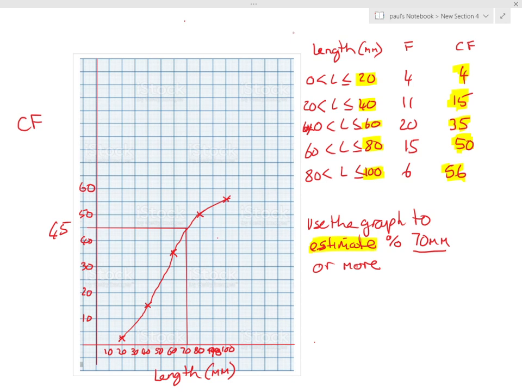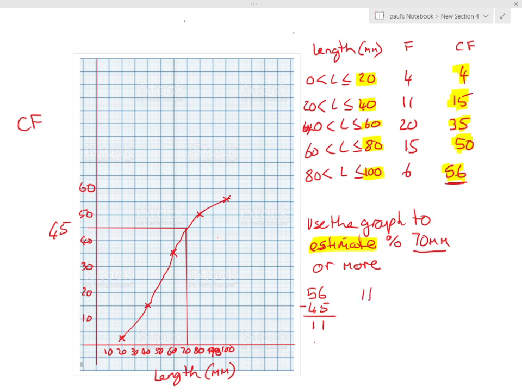Now, we need the measurements of 70 or more. So it's the difference between 45 and the highest number here, which is 56. So 56 minus 45 is 11. So 11 measurements are greater than or equal to 70.